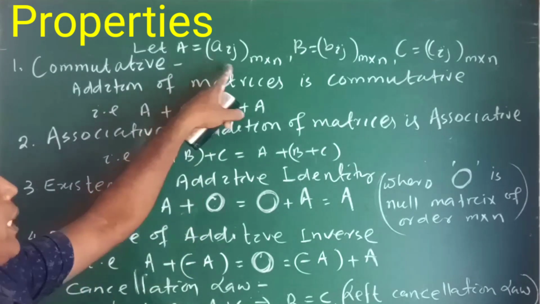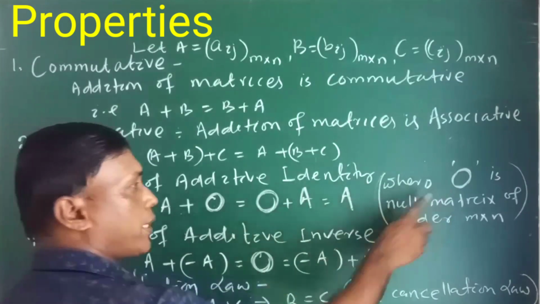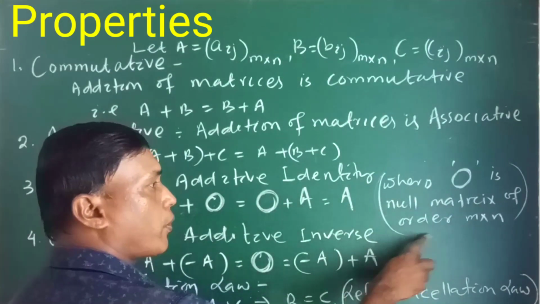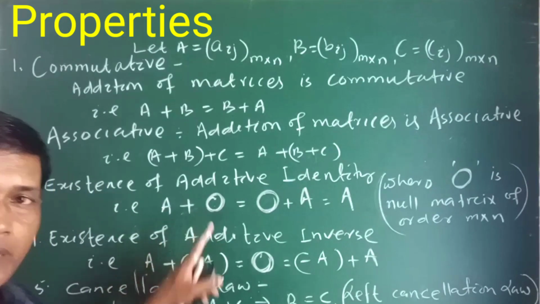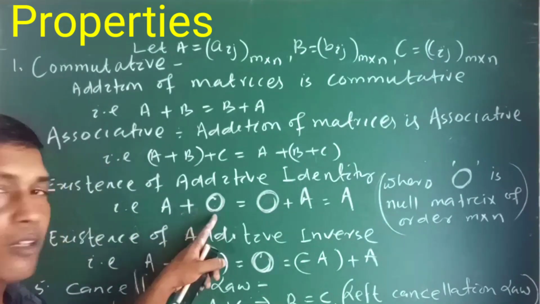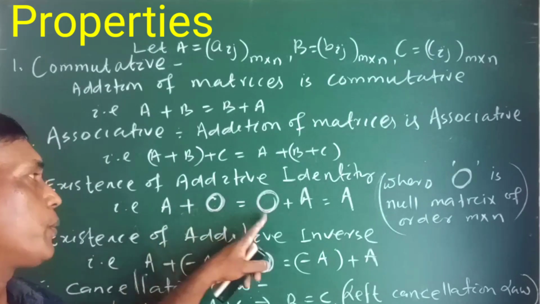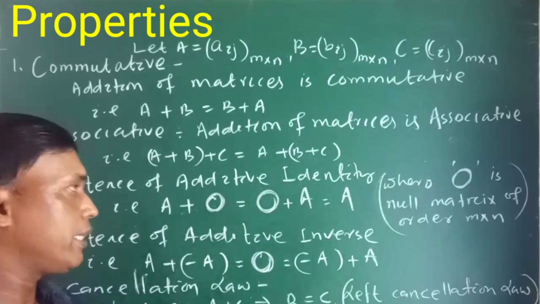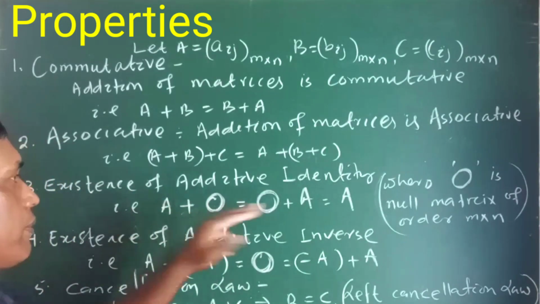A is a matrix Aij of order m cross n, and suppose this is the null matrix of order m cross n. That means the order of A and the order of 0 are the same. Only in the null matrix, every element is 0. So A plus 0 is equal to 0 plus A is equal to A. That means adding a null matrix to a matrix gives that matrix.